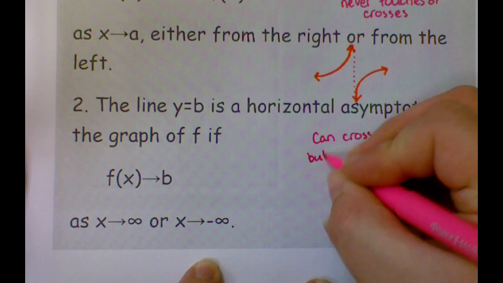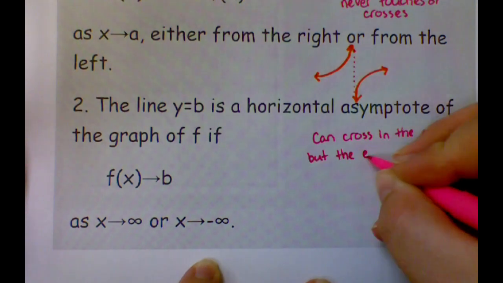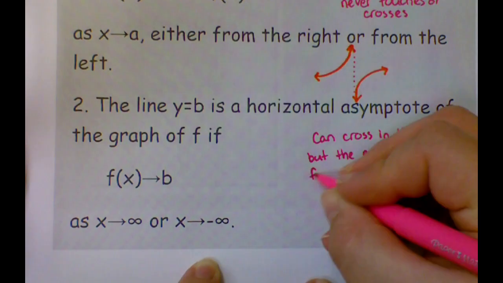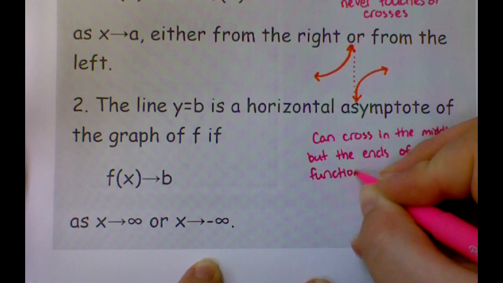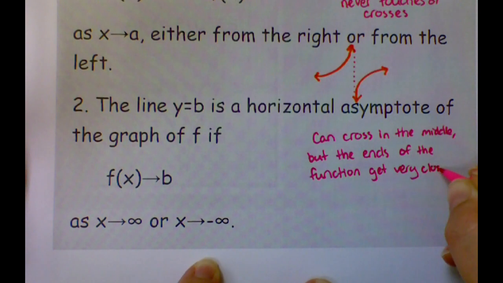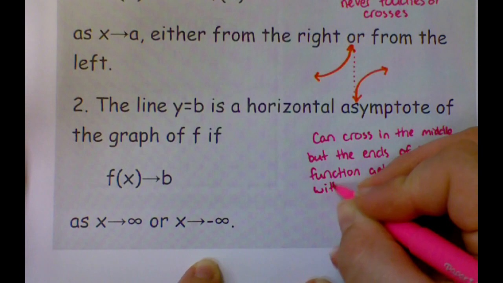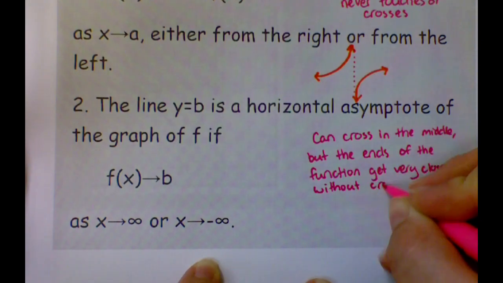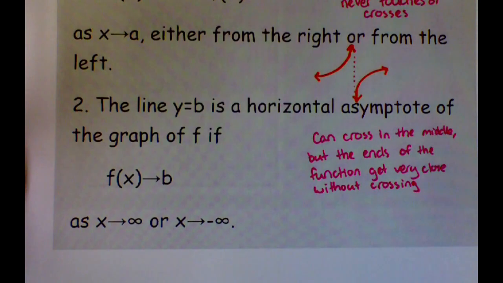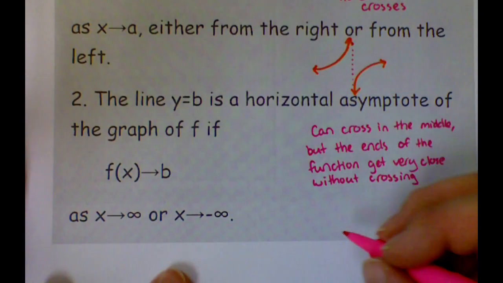But the ends of the function get very close without crossing. So you can cross a horizontal asymptote in the middle of the graph, but the ends are the ones that are going to get really, really close.